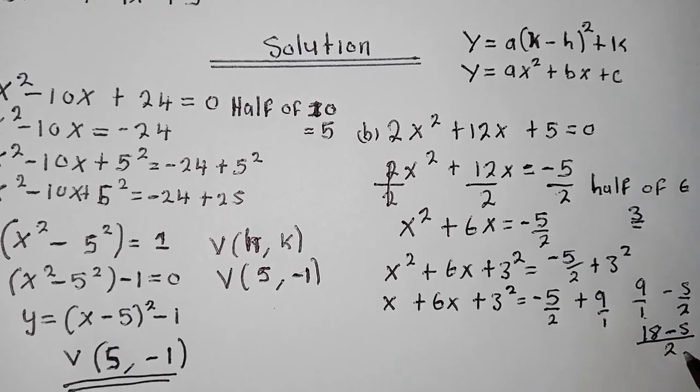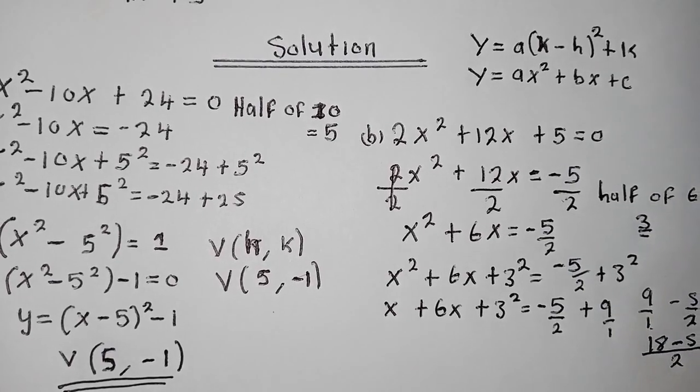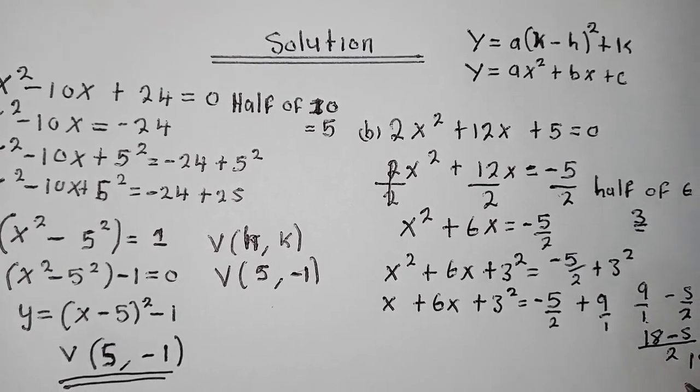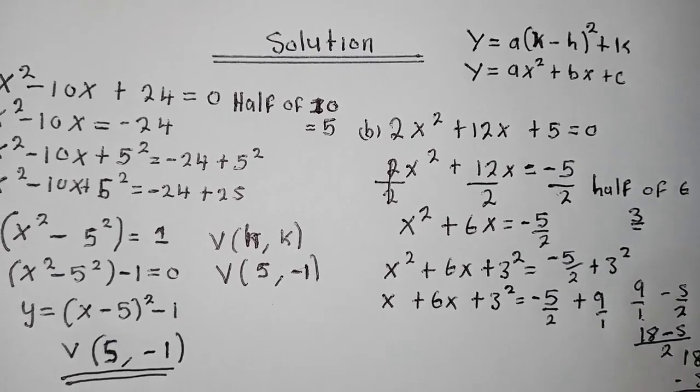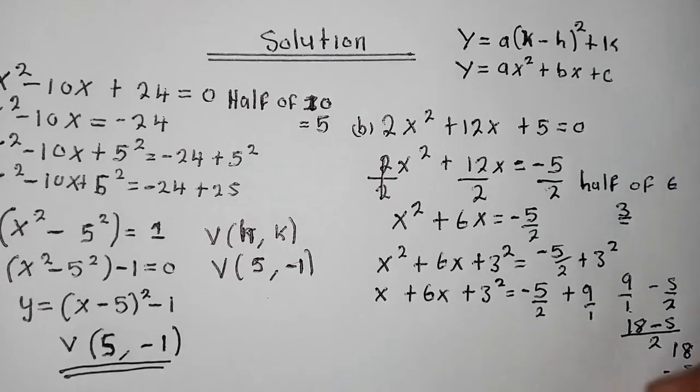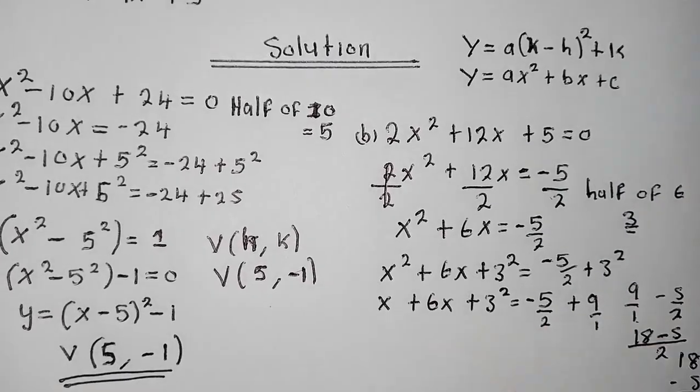So 18 minus 5, what's the answer? Okay, let's just subtract everything. It's 13.